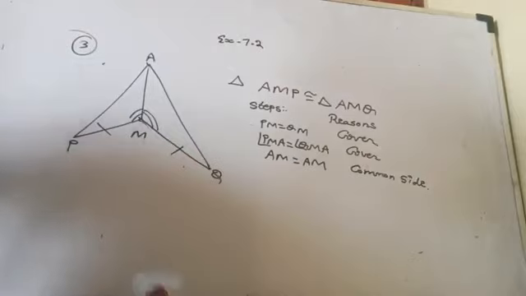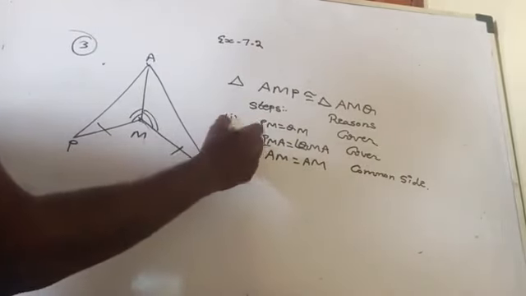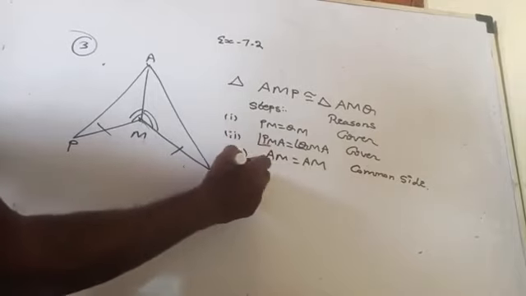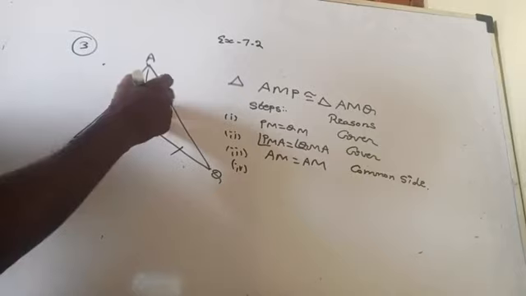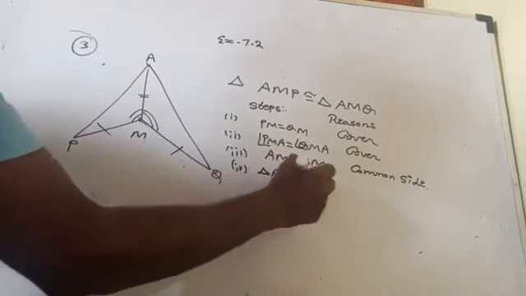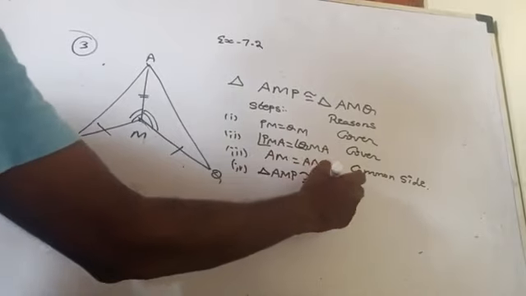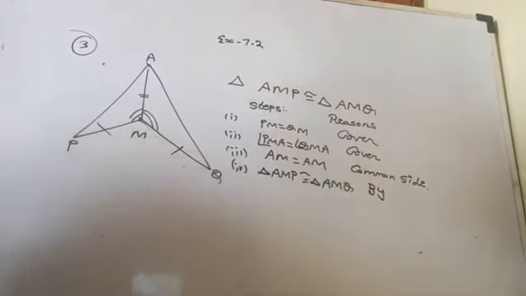And then after that, triangle AMP is congruent to triangle AMQ. By which congruence rule? Tell me.